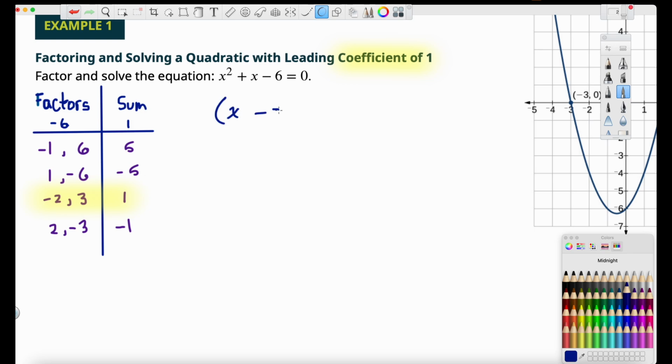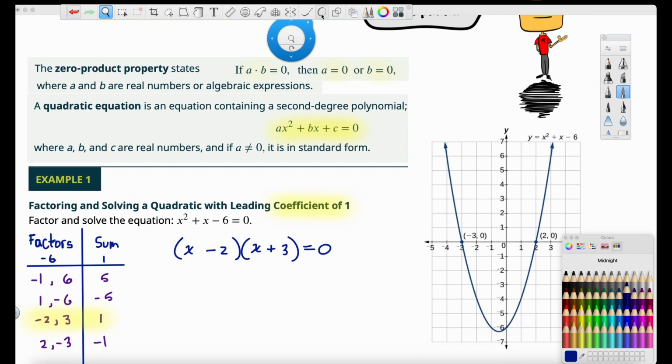So let's break up our binomial here to x minus 2 times x plus 3. Remember, we are reverse foiling with this factoring of this trinomial. Now we want to use the zero product property again. A times B equals 0. So A could be 0 and B could be 0.